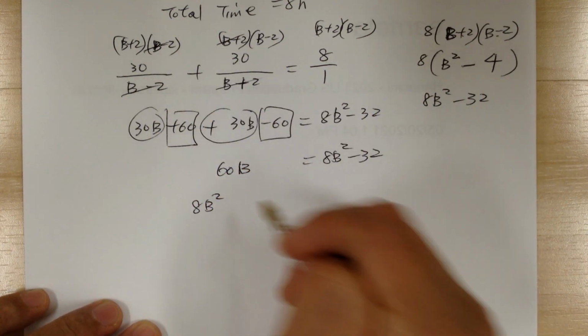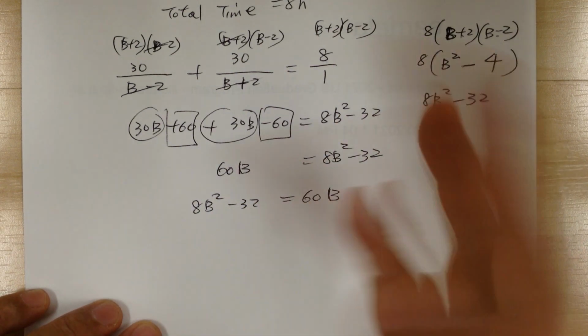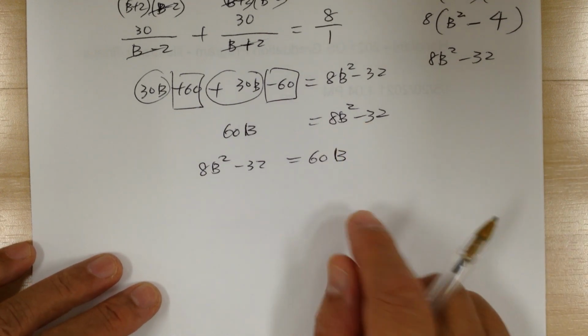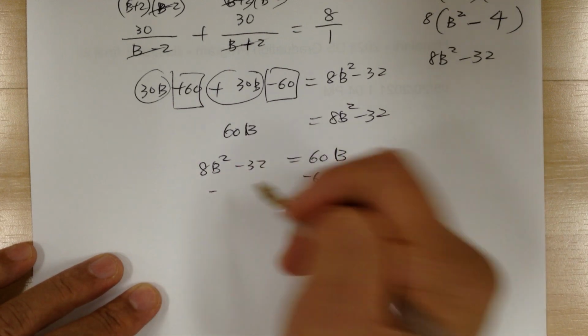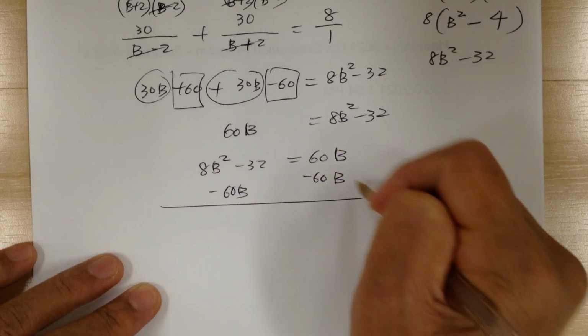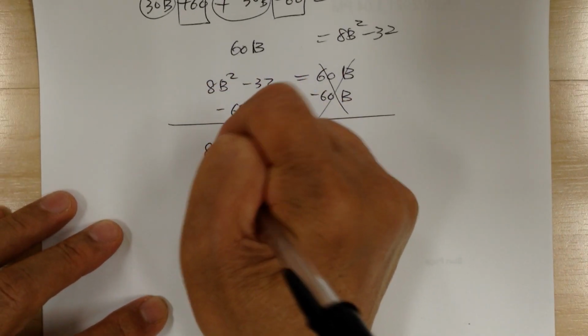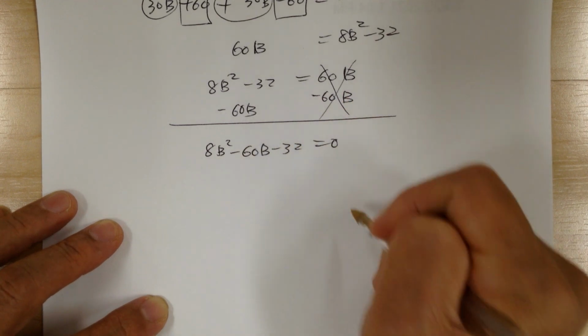So I get 8v squared minus 32 equal to 60v. I'm just going to flip it over first, because I don't like the v squared on that side. I feel kind of awkward. I need to make it equal to 0 so I can factor. So I get 8v squared minus 60v minus 32 equal to 0.